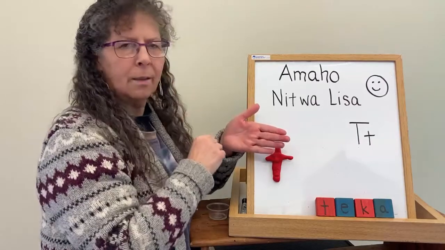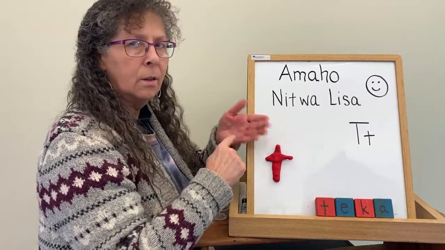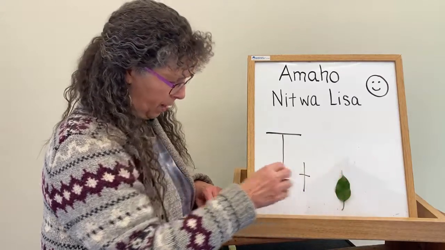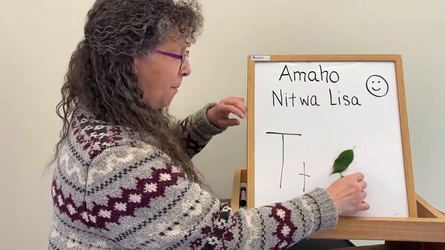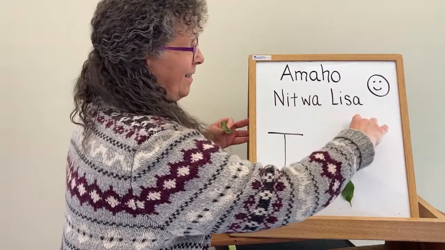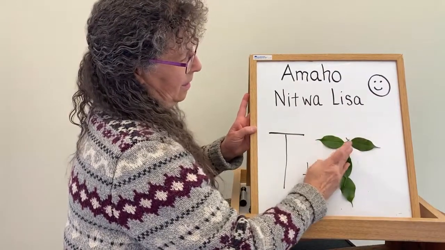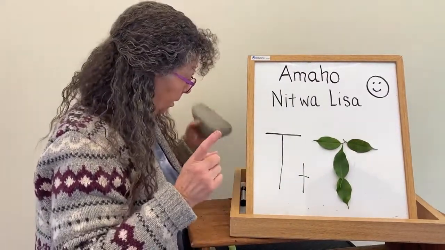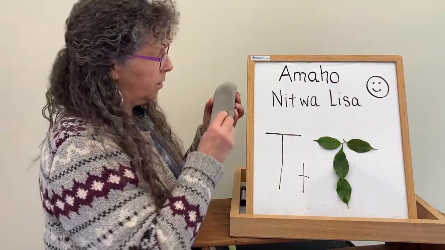Don't let them look, and have them guess what letter you wrote in their hand or on their back. You could take leaves and place them on the ground in the shape of the letters of the alphabet. You could use leaves to actually write the letters on stones.